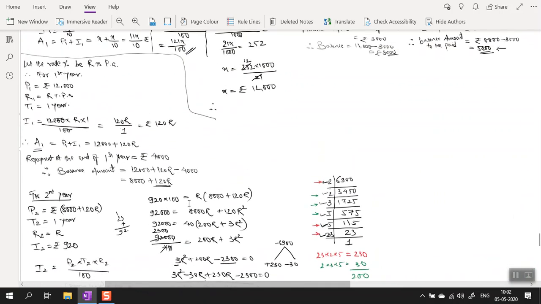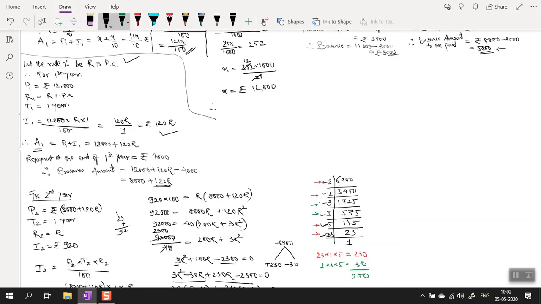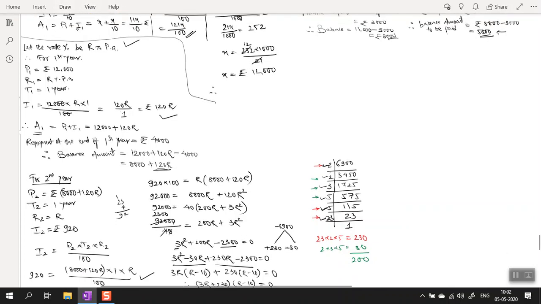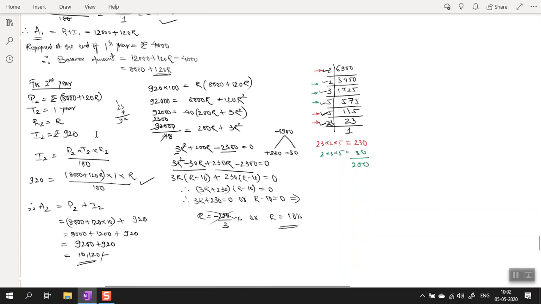So I took the rate as R percent per annum for the first year. Then I found the interest for the first year in terms of R, if you can see that. Then I took the amount of the first year in terms of R, P1 plus I1, 12,000 plus 120 R. Then I did a repayment of 4,000 at the end of first year.